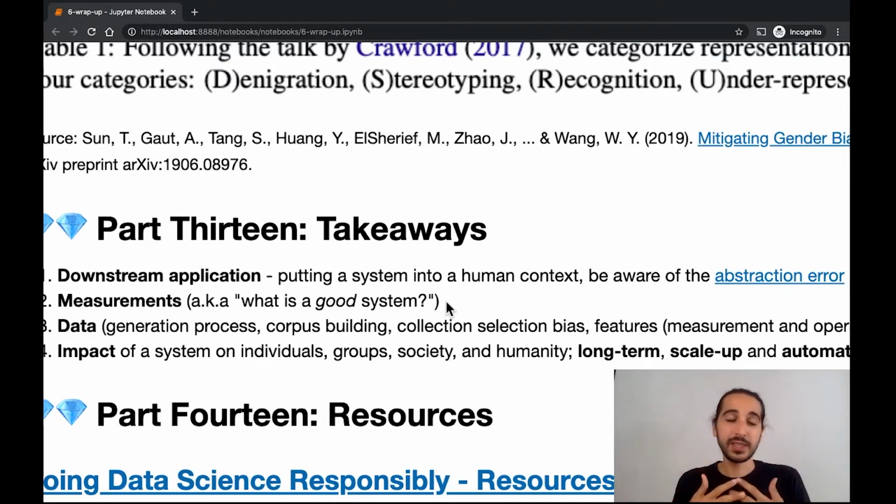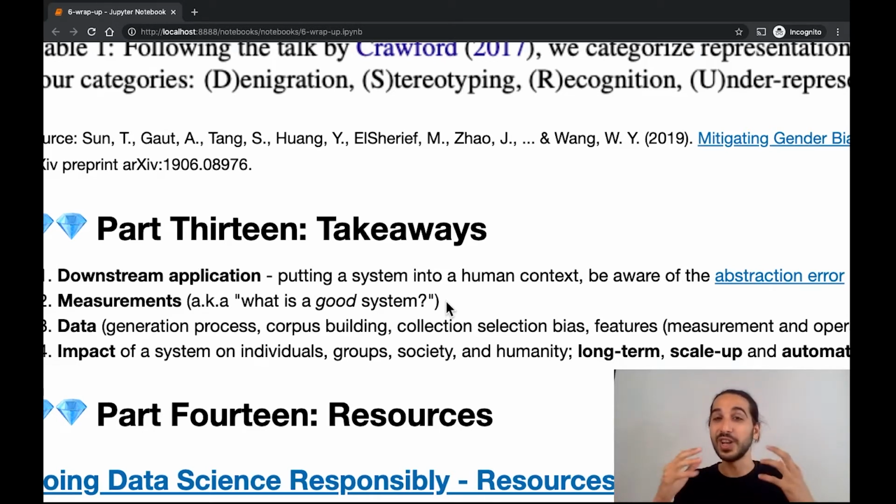The next point, I think this one is the most obvious of everything, is the data. Bias many times comes from the data, not necessarily, but mostly, and we saw that in the word embedding, the issue of the generation process, how the words were created, these kinds of newspaper articles and so forth.